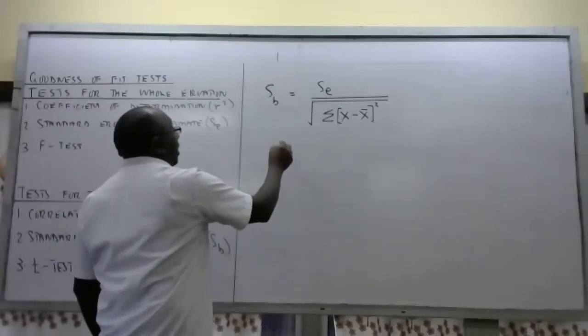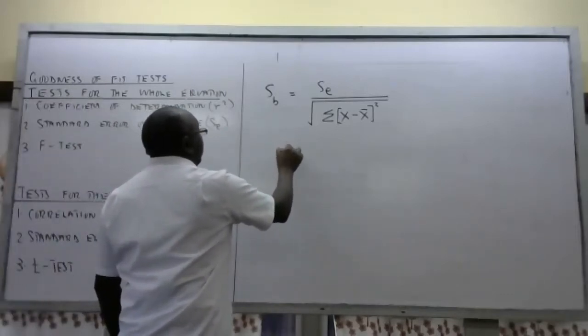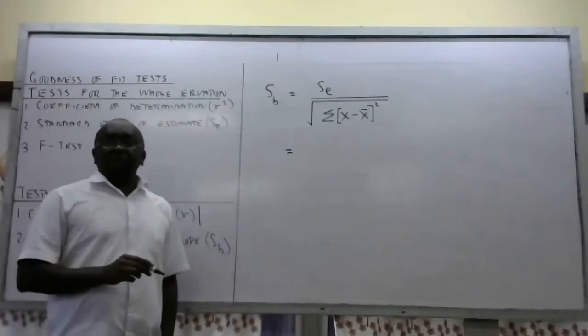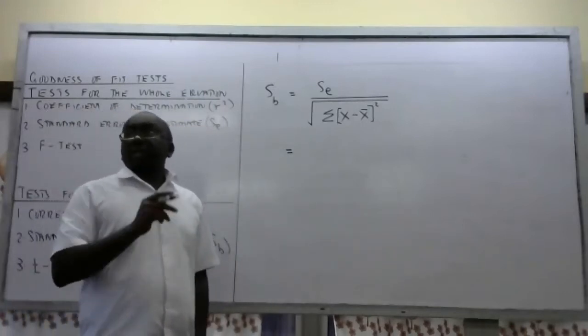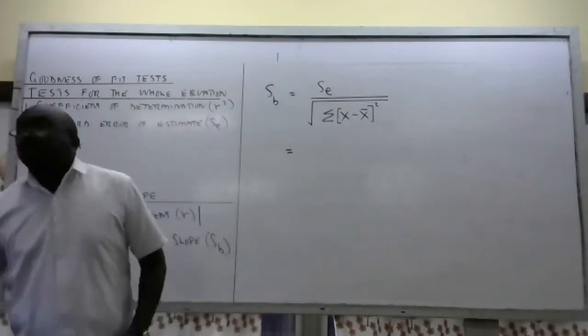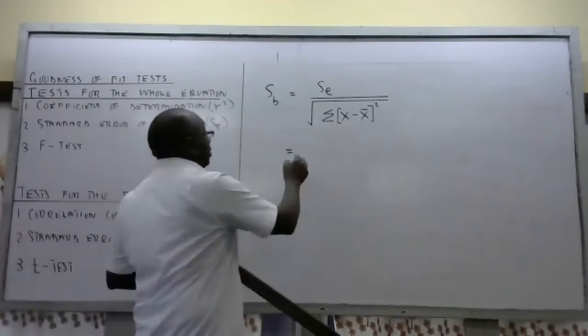Okay, so let's go to the SE. What pattern was it, 63 point something? That is the standard error for the estimate. It was 62.9.